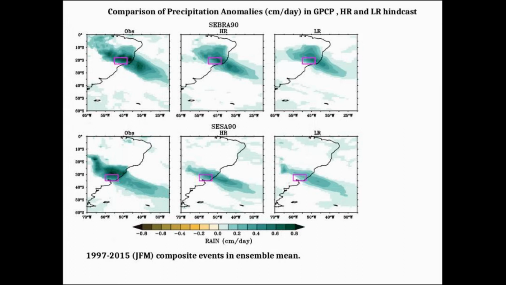Here I show a comparison of the precipitation anomaly of GPCP, the high resolution and the low resolution model for both SABRA 90 and SESA 90. That means the precipitation for these events is more than the 90th percentile. You can see the observed pattern over SABRA has two bulbs of precipitation.